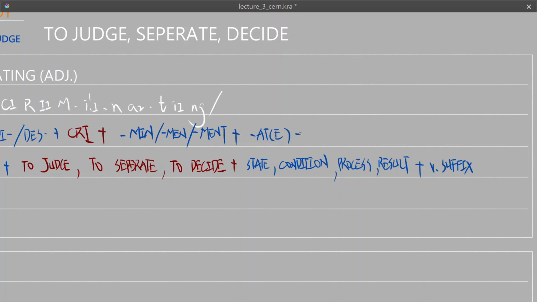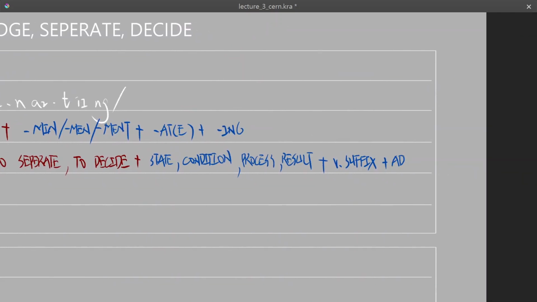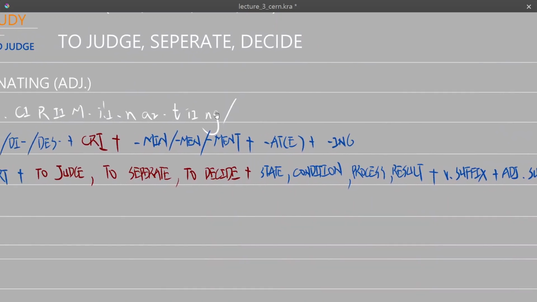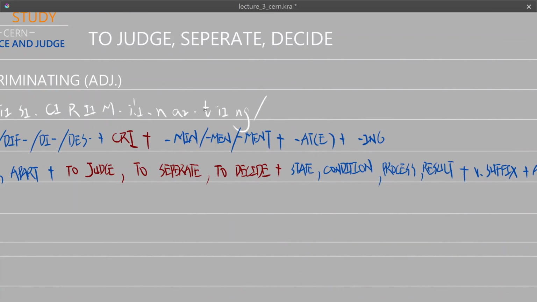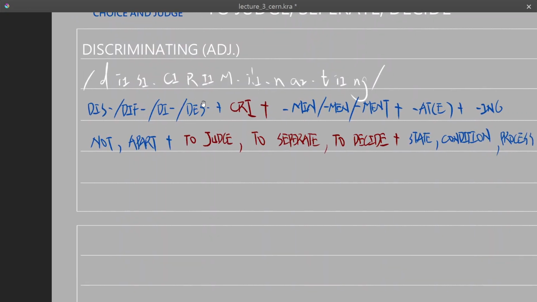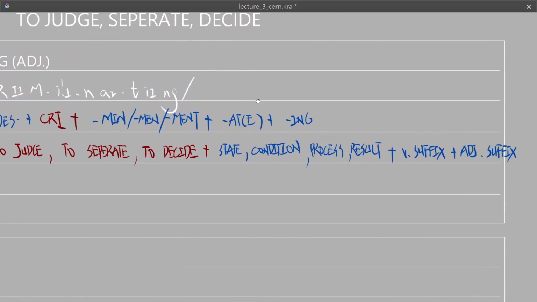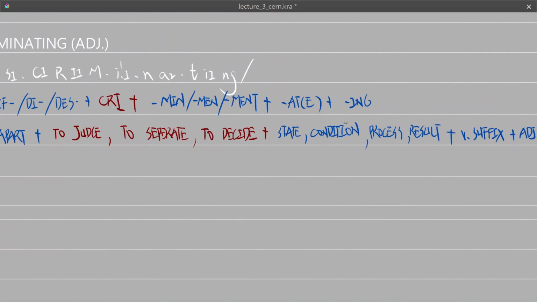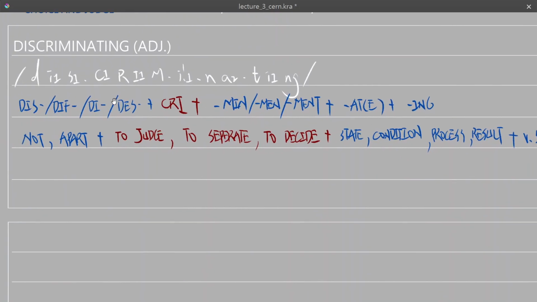Lastly, we have ing, an adjective suffix relating to something. So discriminating literally means relating to the state of judging.